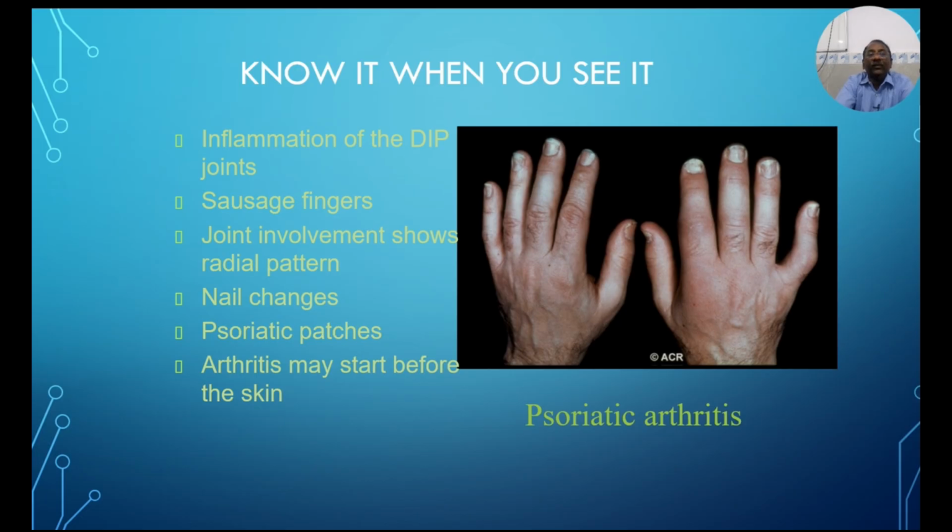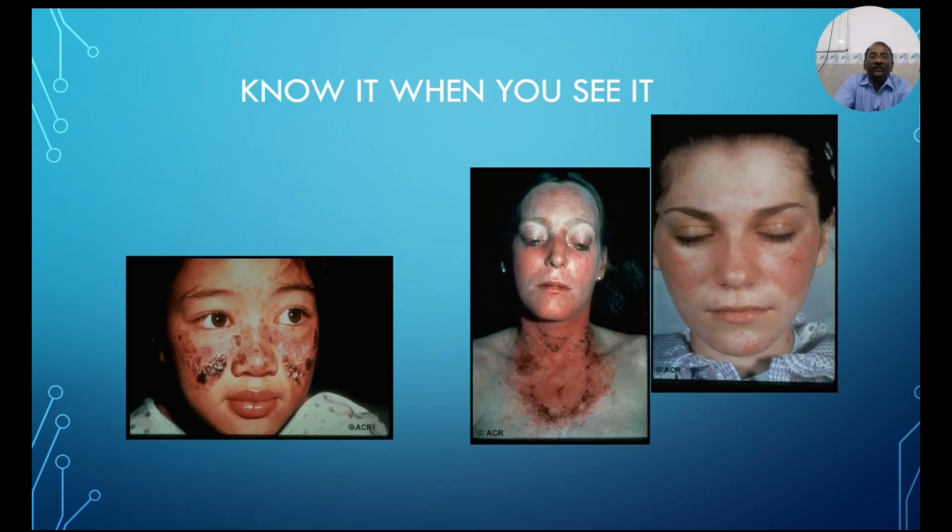Inflammation of the distal interphalangeal joints is not properly marked here, we are not able to appreciate the distal interphalangeal joint involvement, but the nails are definitely pitting, especially the left hand, fourth finger, ring finger, middle finger. So sausage fingers, etc. Psoriatic arthritis.